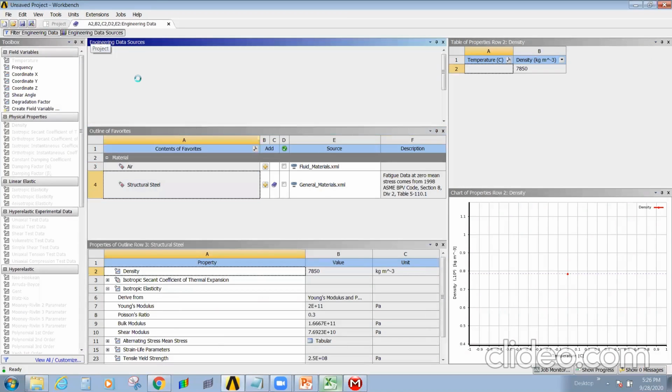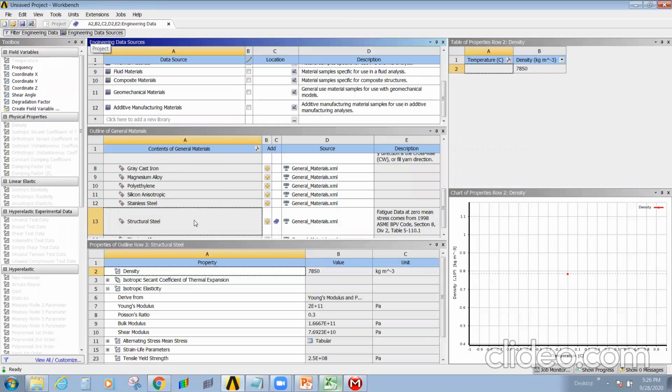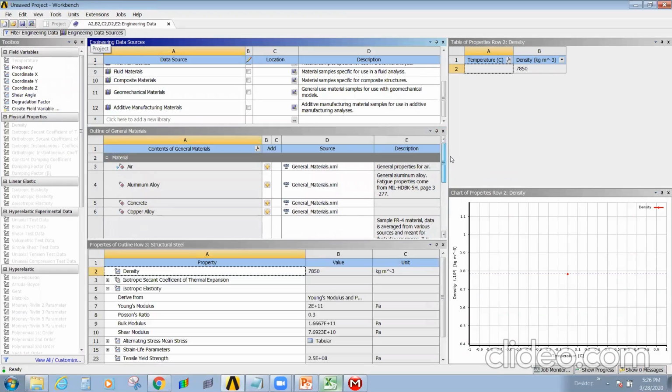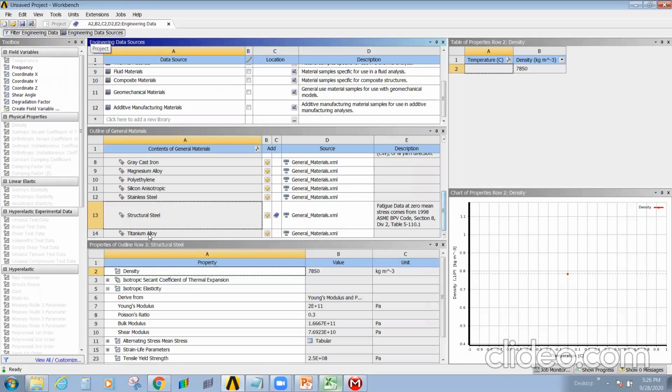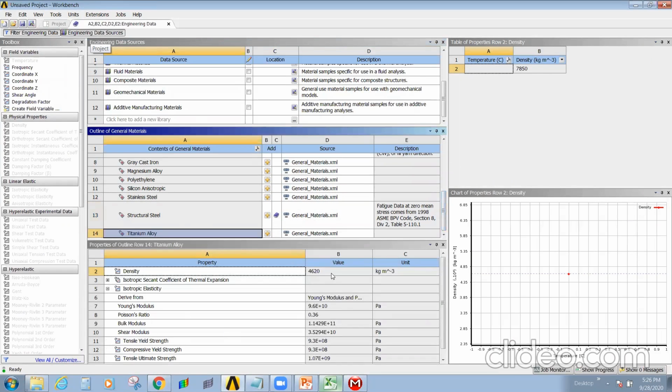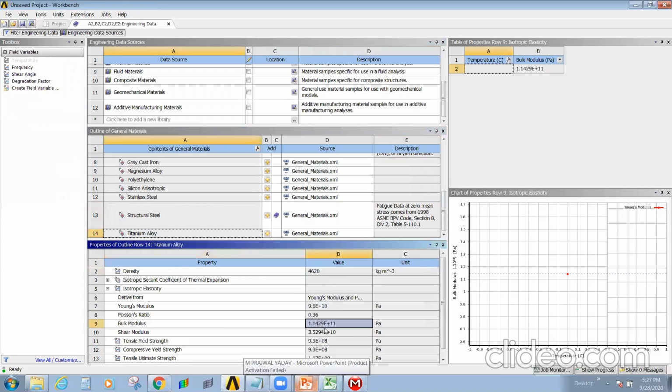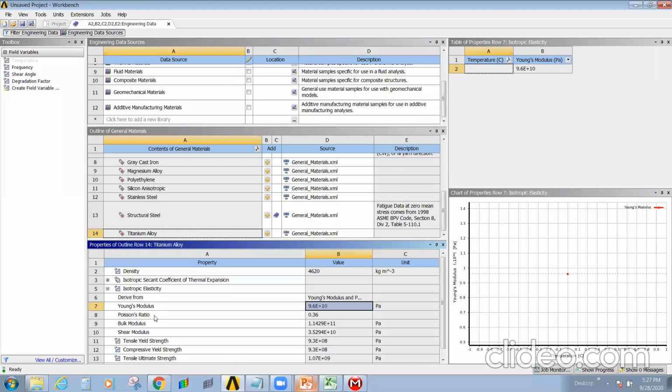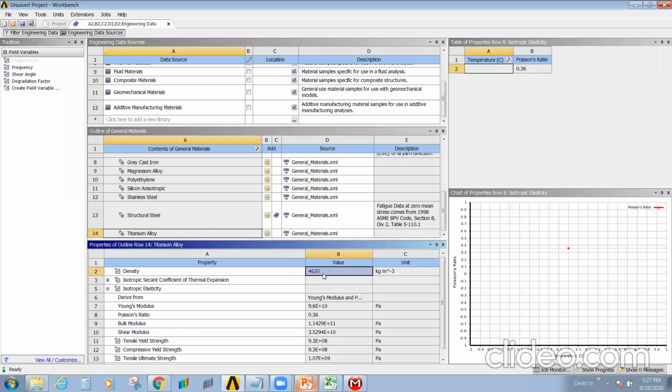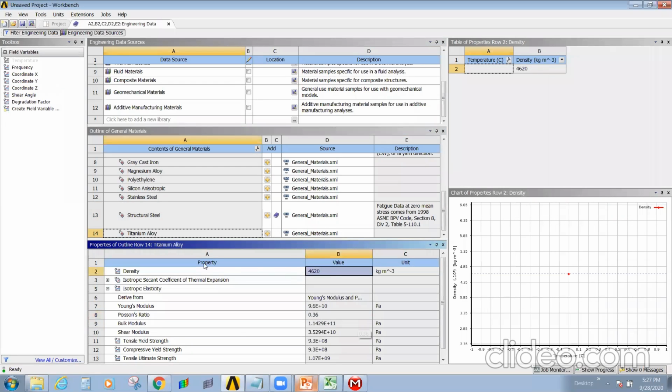So general material, tungsten alloy, either you can directly change or change the requirement. For titanium alloy, you change your Young's modulus, Poisson's ratio and density. If you change these three, you'll get all the other things updated.